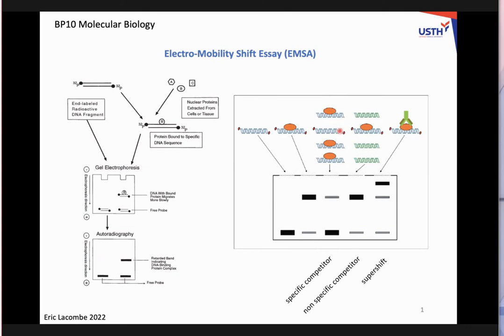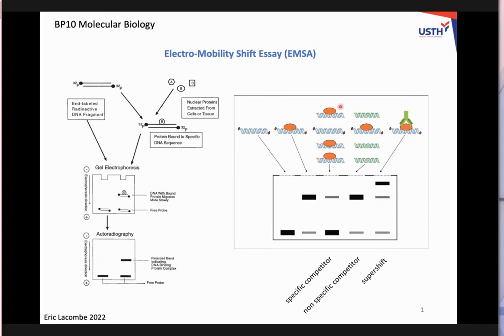Do you understand? Yes or no? You put the piece of promoter, you label it radioactively, and you add the protein. If there is interaction between the DNA and protein, a complex is formed. It's okay for now?